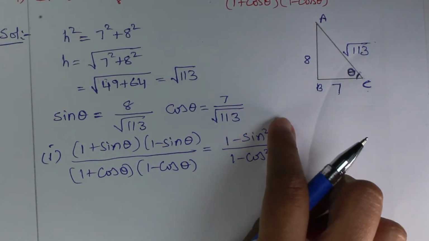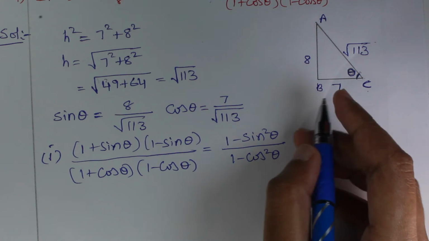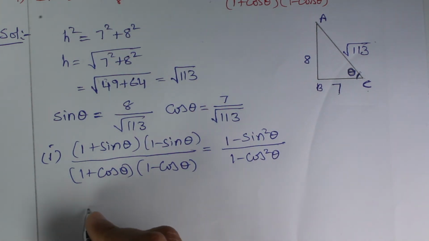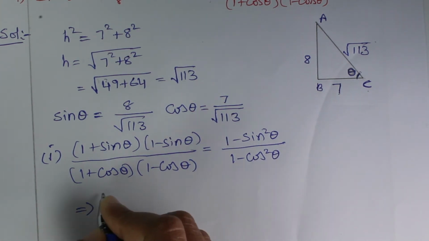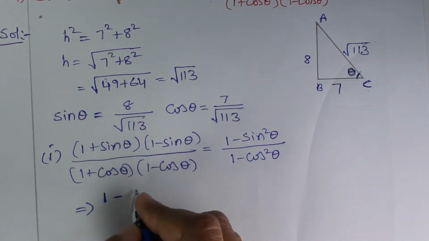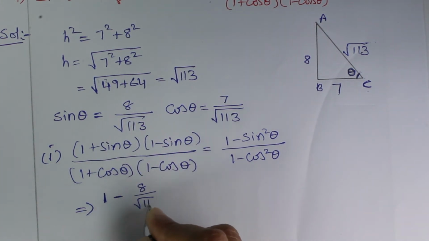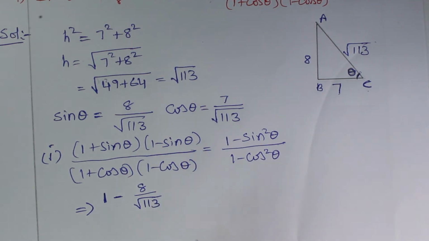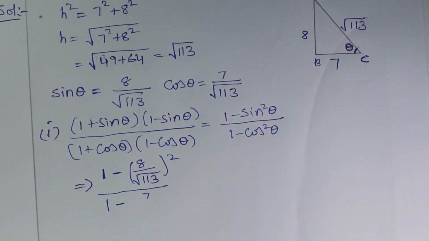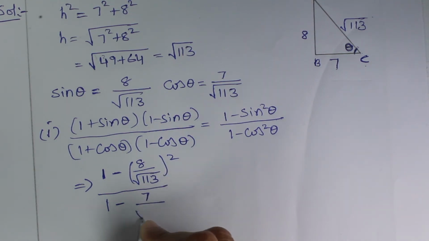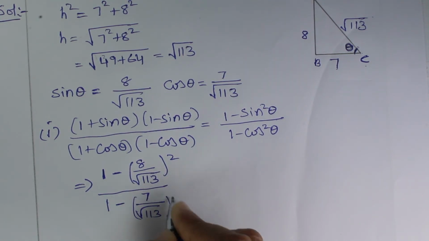Now we will substitute the values of sine theta and cos theta here. That implies 1 minus sine square theta is 1 minus (8 by square root of 113) whole square, divided by 1 minus cos square theta, which is 1 minus (7 by square root of 113) whole square.